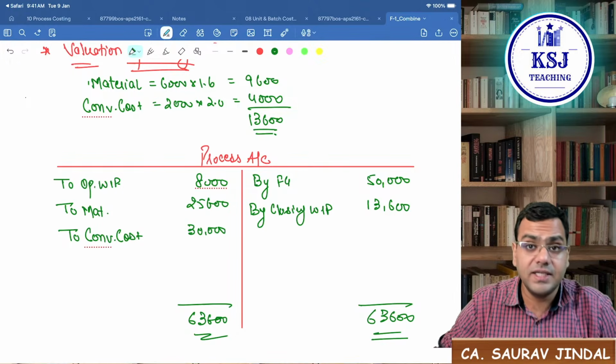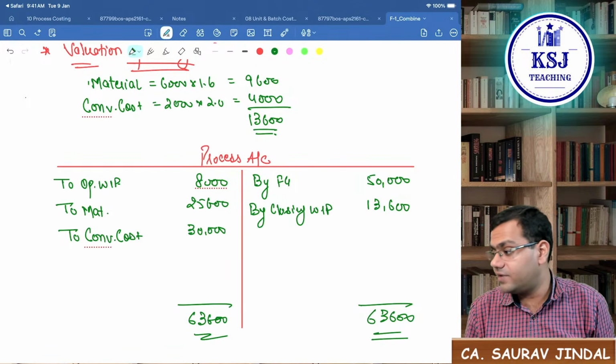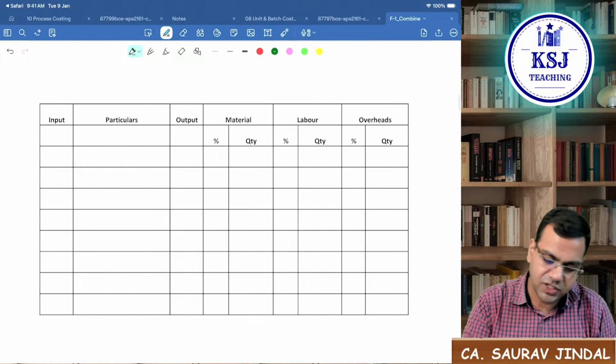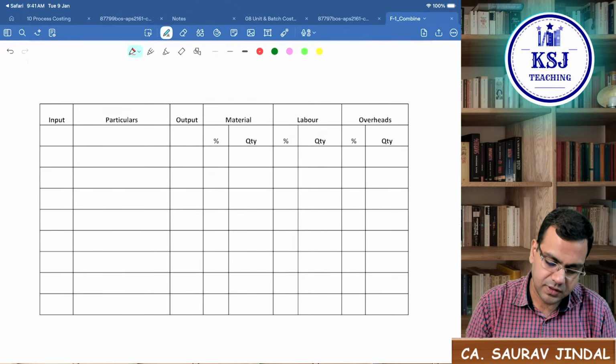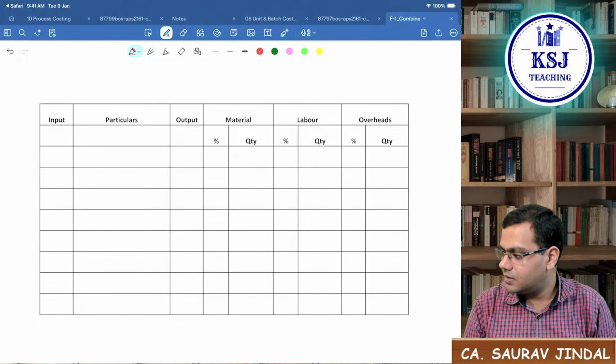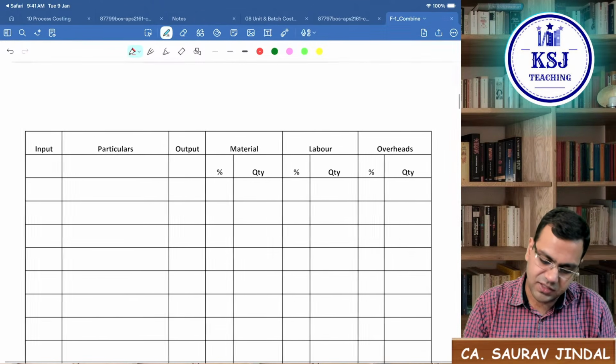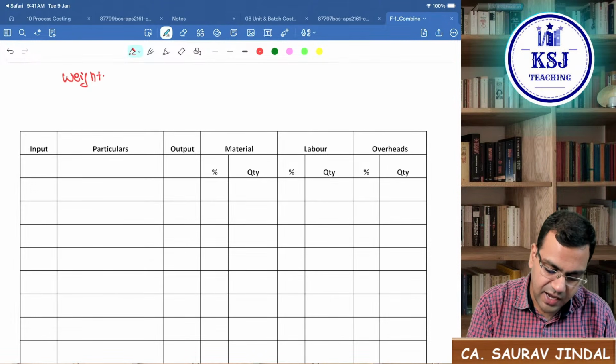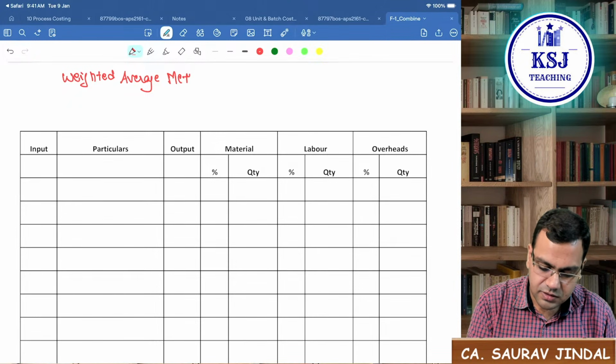Okay, now let's do the same question by weighted average method. Yes, that is why I take this one example. Weighted average method. For the month of May only we will be doing.